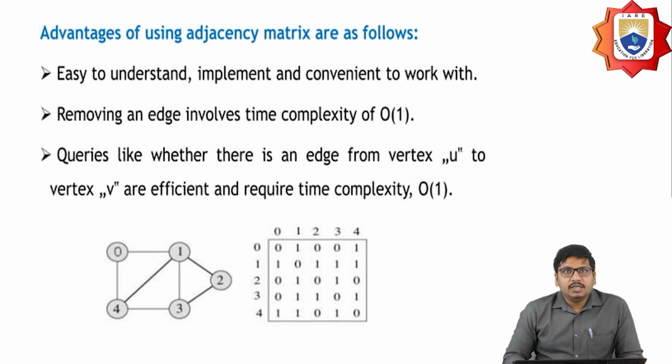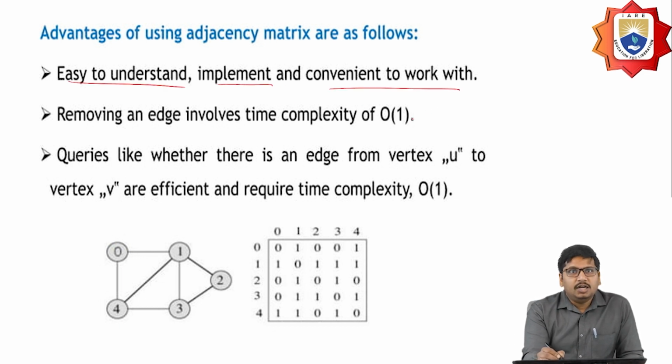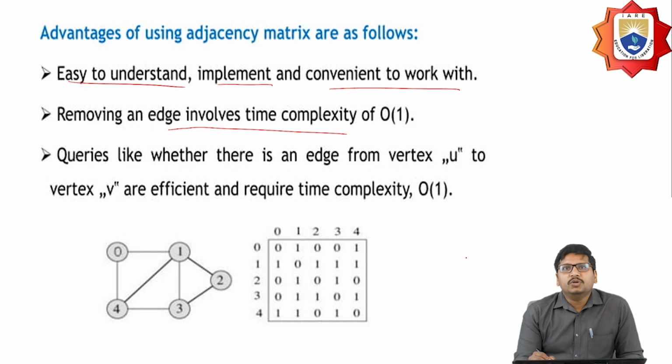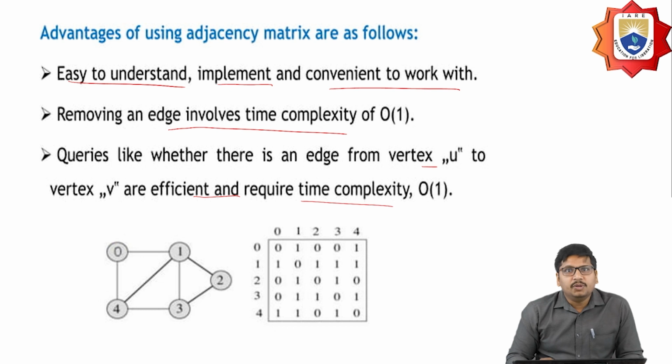The advantages of the adjacency matrix are that it is easy to understand and implement, and convenient to work with. Removing an edge takes time complexity of big O of 1, and queries like whether there is an edge from vertex u to v are efficient, requiring big O of 1.